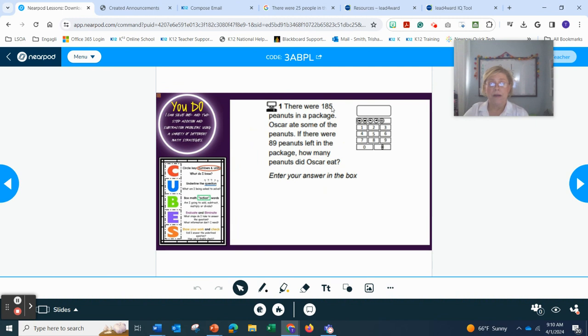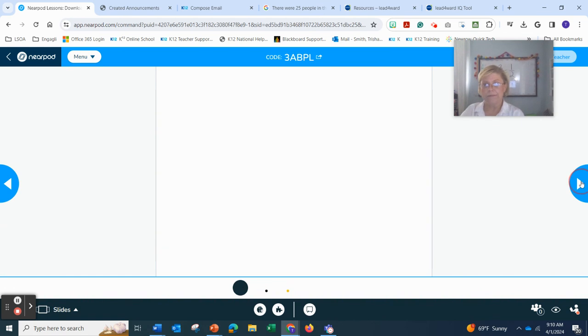There were 185 peanuts in a package. Oscar ate some of the peanuts. If there were 89 peanuts left in the package, how many peanuts did Oscar eat? Answer in the box. So solve and then answer in the box. Remember, this is the one where it looks like you need to solve it first, and it looks like the calculator, but it's not really.